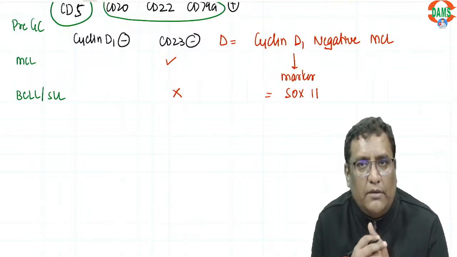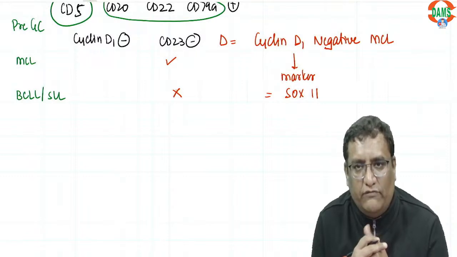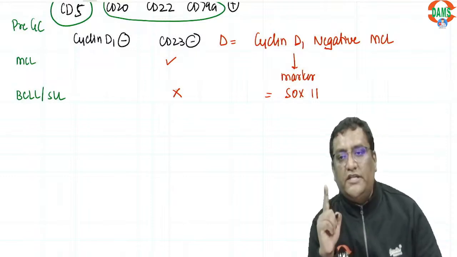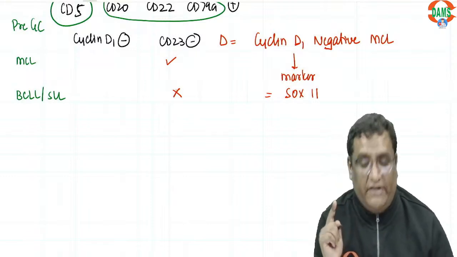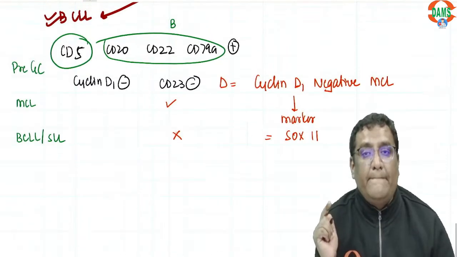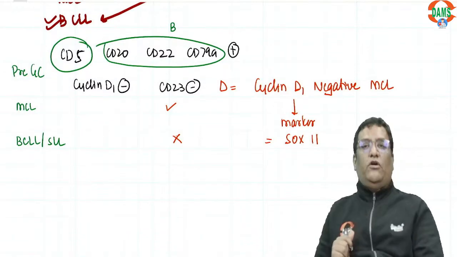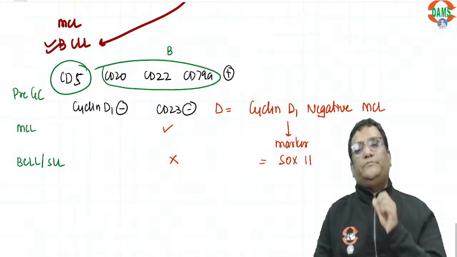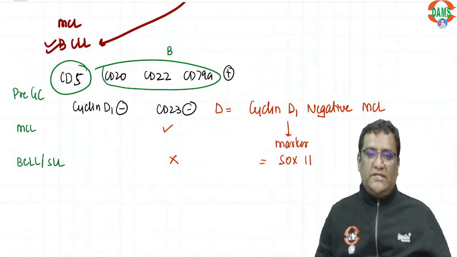SOX11 is the marker for cyclin D1 negative mantle cell lymphoma. Now all of you understood? Despite this being cyclin D1 negative, I am still calling it mantle cell lymphoma because of CD23.